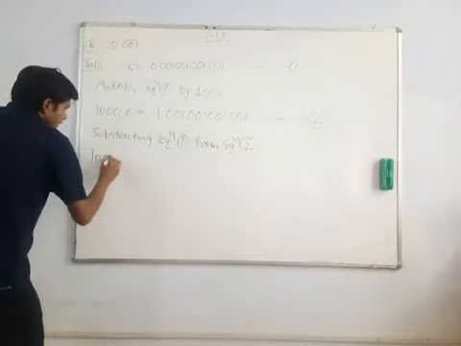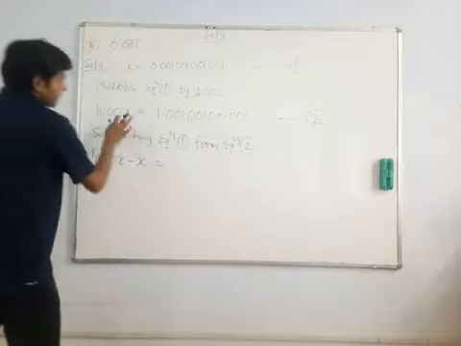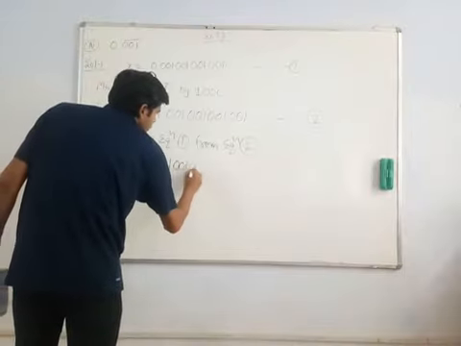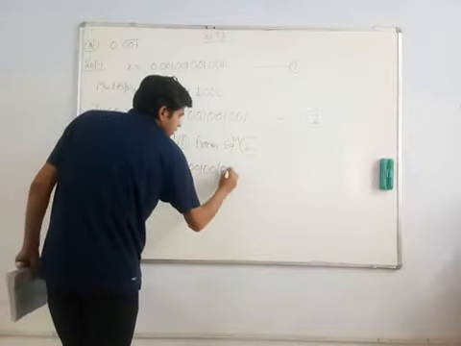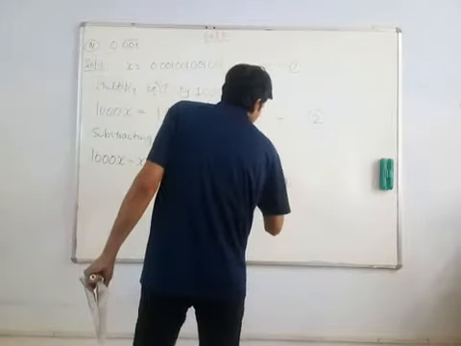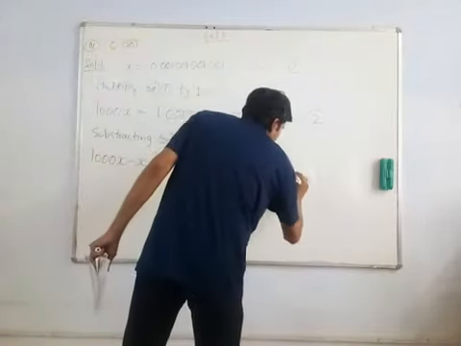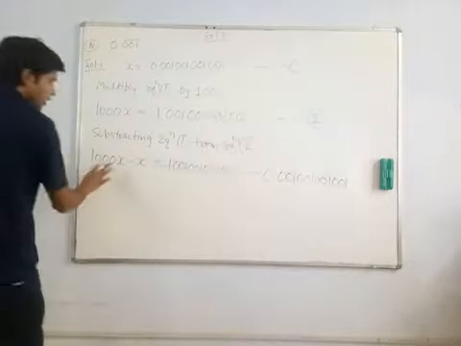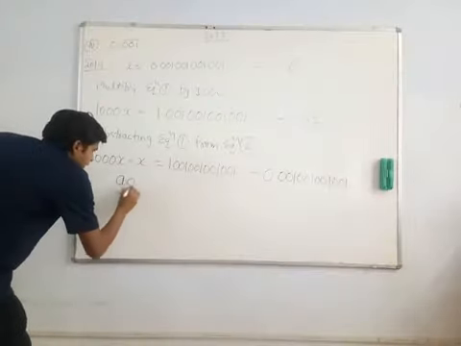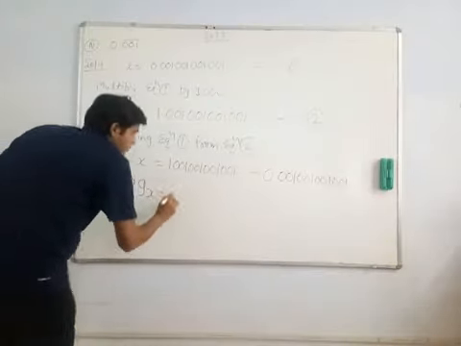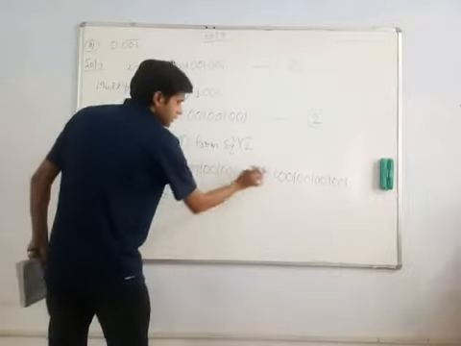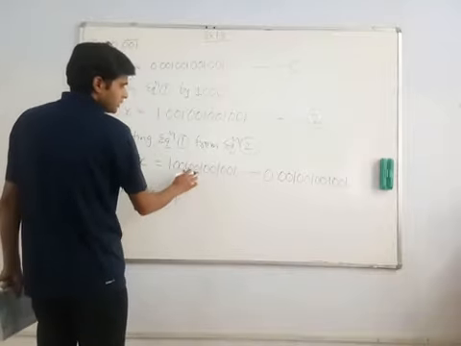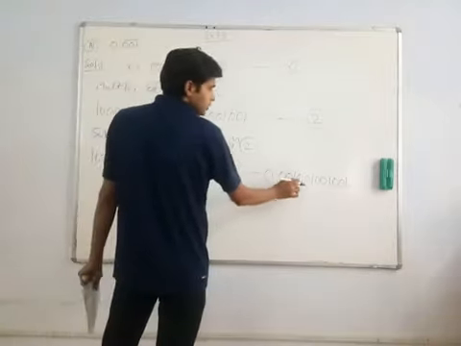So 1000x minus x, on LHS and RHS, 1.001001 minus 0.001001. So 1000x minus x is 999x, equal to 1 minus 0, that is 1.000000.